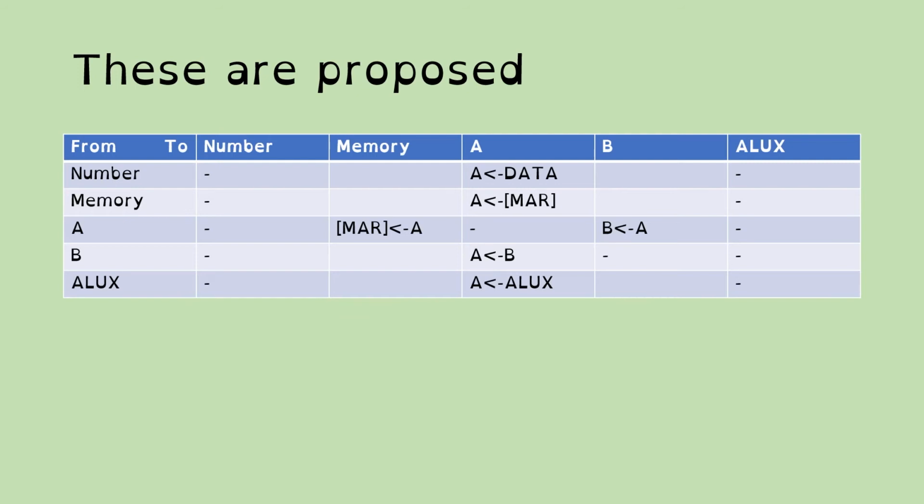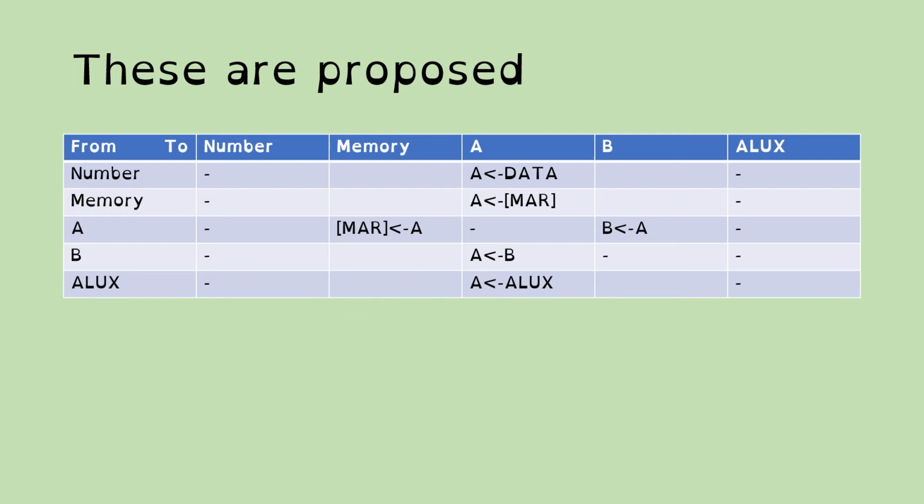So say this top one here is A arrow data, but the arrow goes from data to A. You don't describe this as copy A to data. It's copy into A from data.